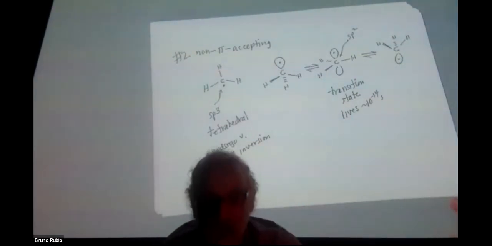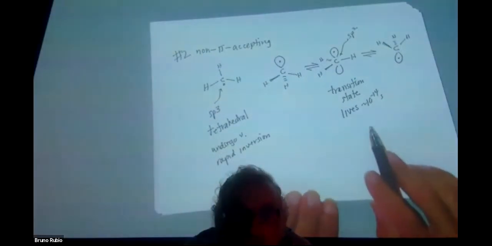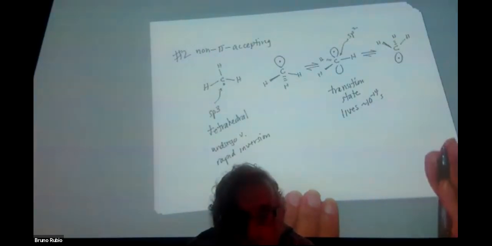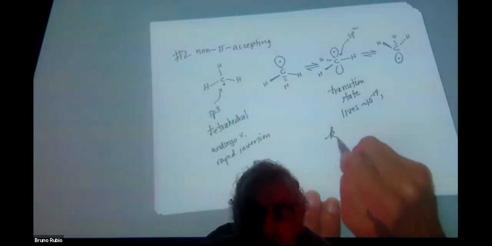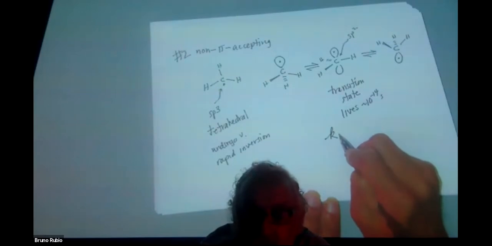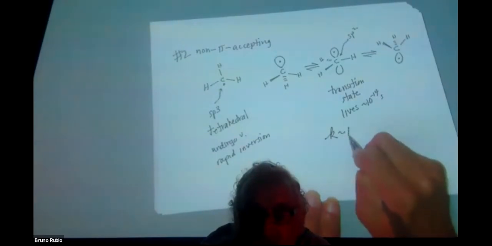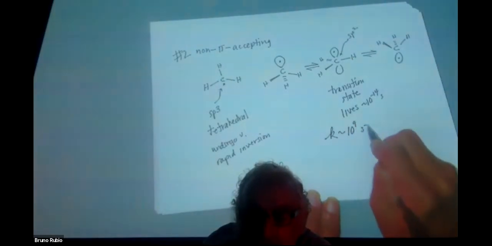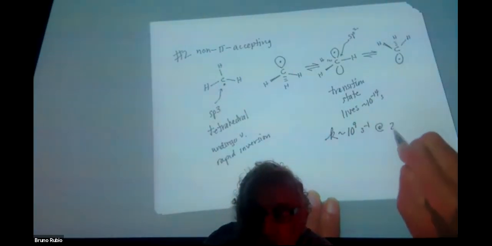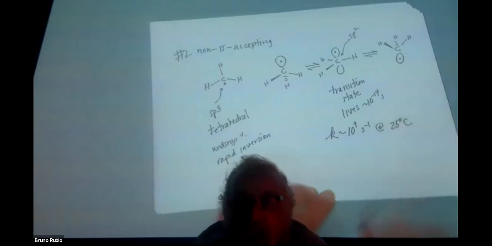The activation energy for these processes has been measured. We can plug that delta E double dagger into the Eyring equation, and we come up with the rate constant for these processes, typically about 10 to the 9th per second at room temperature, right?